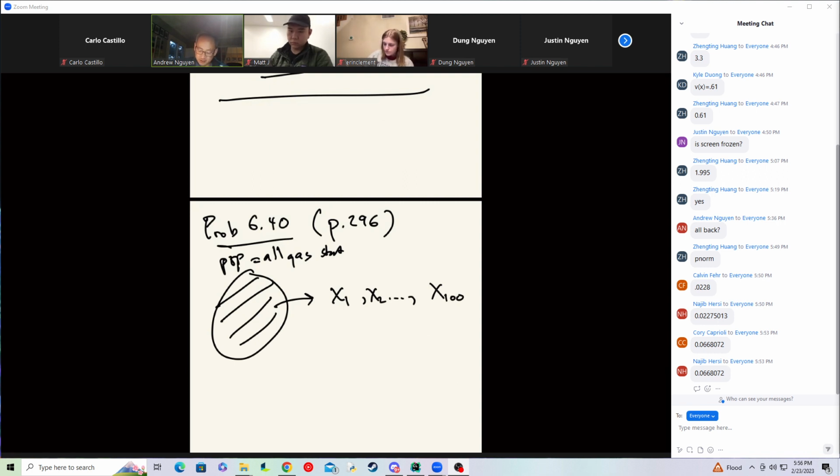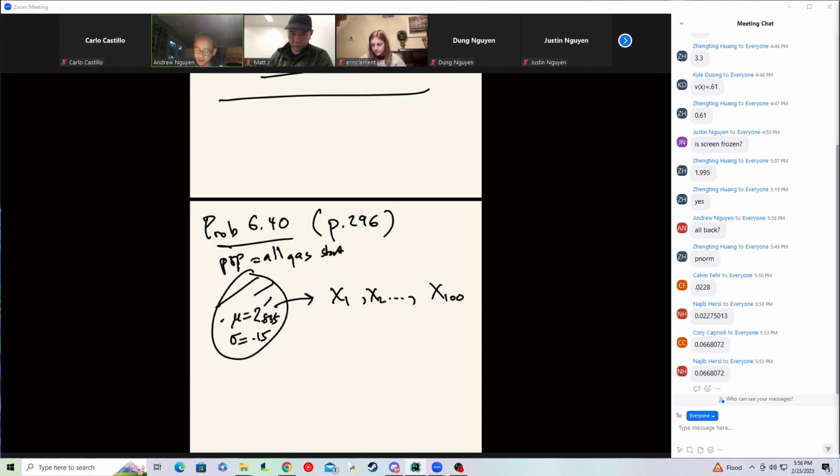This population here, we know that from all gas stations, the population mean is $2.835, and the standard deviation is 0.15. And I select 100 gas stations from there.